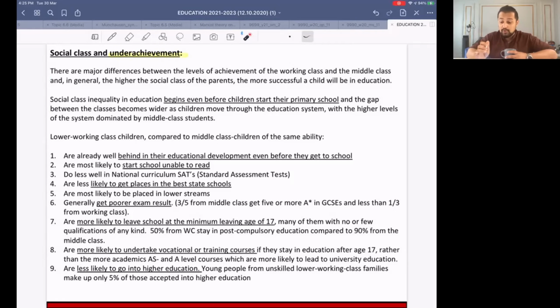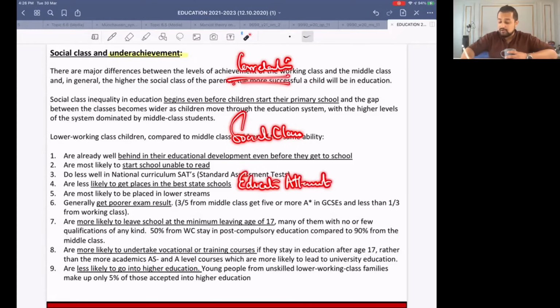What we're talking about over here is a correlation between the social class a child belongs to and their educational attainment. In other words, a child from a working class having lesser chances of doing well in school or the educational journey. However, compare that with a child from the middle class having more chances, right? A correlation, a relationship between the social class you belong to and your educational success in future.